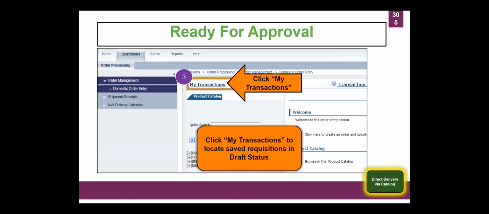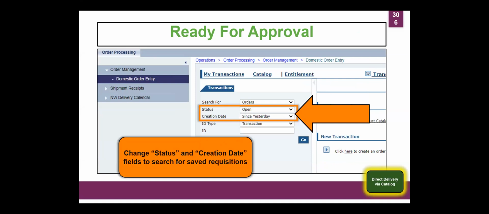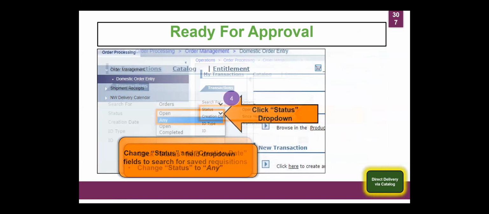But if you created one and you had a description or you had just at the top of the list, you can look at that one. So you'll click on My Transactions to locate saved requisitions in draft status. And then you have an option. You can say when it was created to kind of narrow down the search.